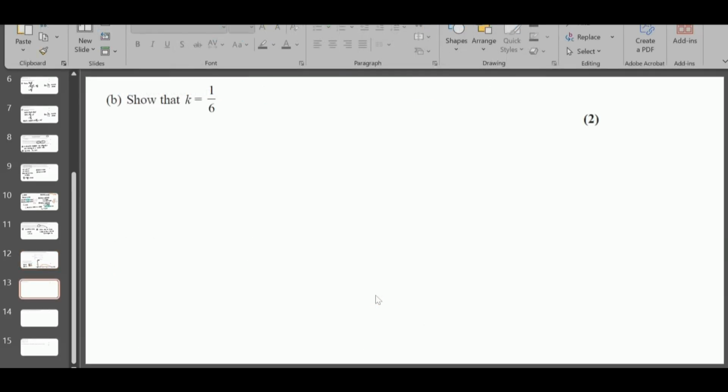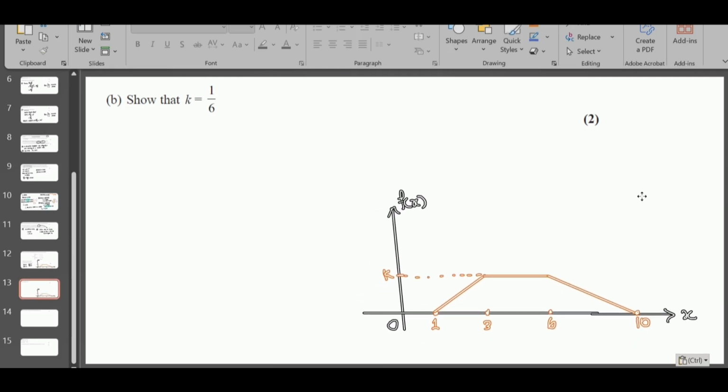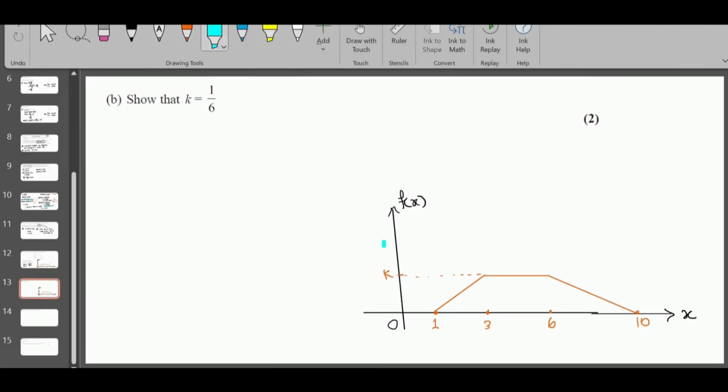Part B, show that k is 1 over 6. I'm going to put the diagram here. This is a PDF function. We know for sure the area below the PDF function is 1. So this is a trapezium. How do we find the area of the trapezium?